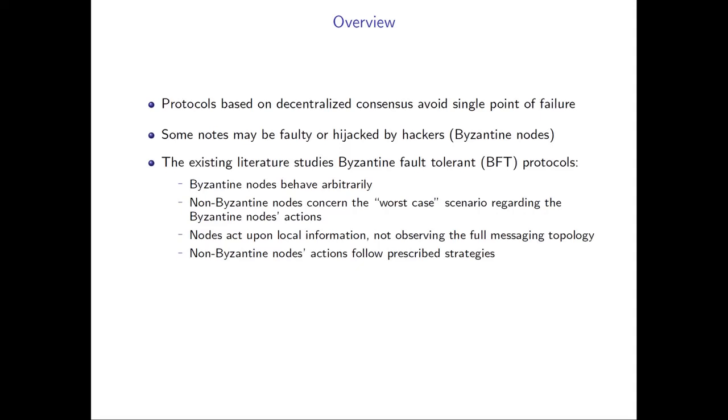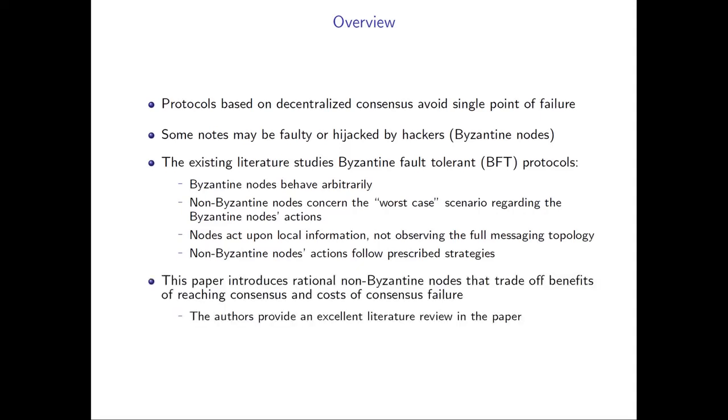Or sometimes we call these nodes honest nodes. But we all know people have incentives, right? So this is the key contribution of the paper, that is to model rational non-Byzantine nodes by emphasizing their trade-off in terms of benefits coming from reaching consensus and the costs coming from a consensus failure.